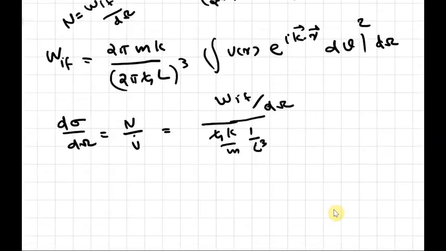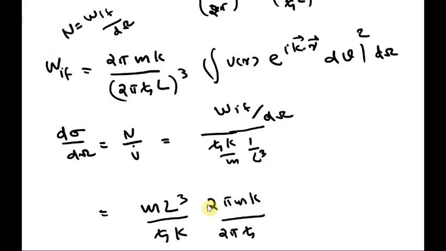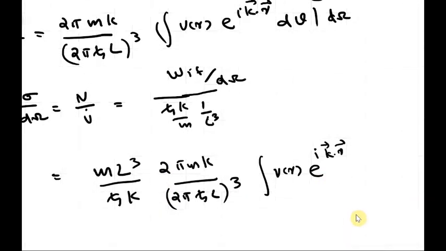So this is something that we have to calculate. If you divide omega IF with d omega, it is nothing but the remaining terms, and these quantities which will come up, so that will become m L cube divided by h cross k, times 2 pi m k divided by 2 pi h cross L, whole cube, and integral V of r e raised to i k r dv, or here if you want, you can use d cube r if you're confusing it with dv.